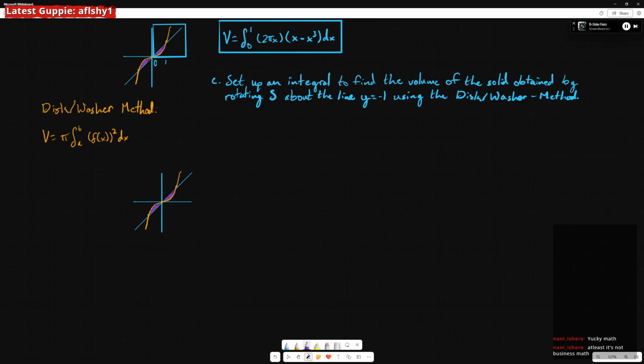So now we want to rotate it about y equals -1, and we still only care about the region described here. Okay, so this is section S.